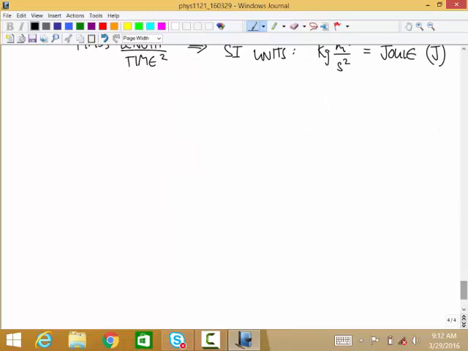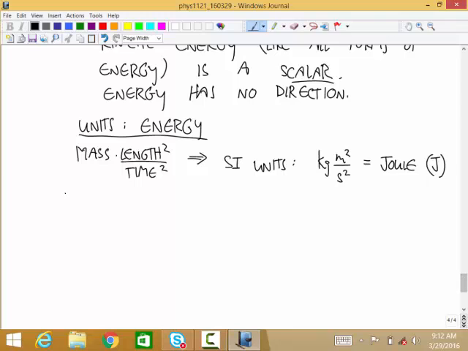Okay, so perfectly elastic collisions satisfy 2 equations.